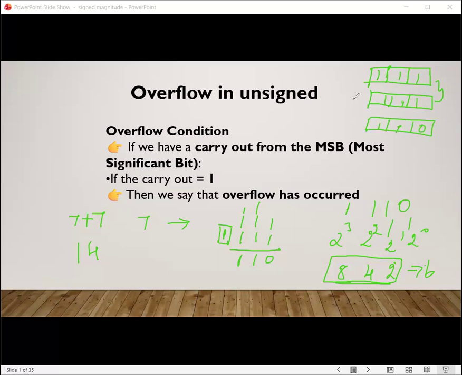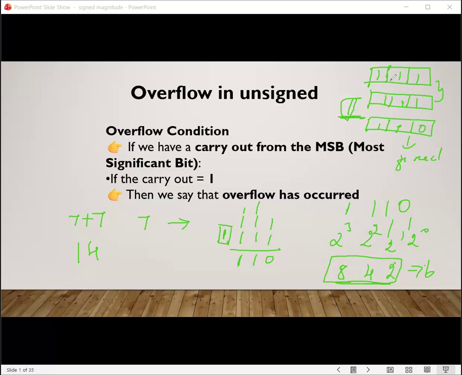What answer do we get here? 011 and 1 carry. Where will this 1 go? We just have a 3-bit register and it is fixed, so how will the computer write the other value? The computer says overflow has occurred.